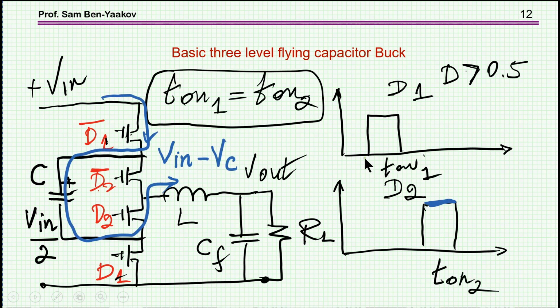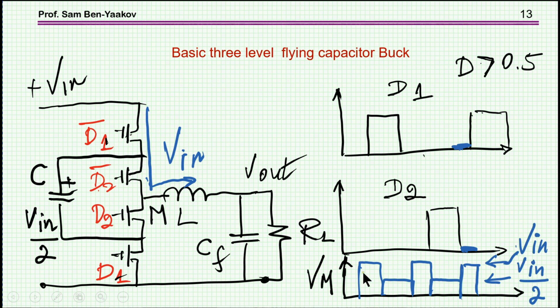And then when D2 is on, D1 is not, then we see this path here, which is V in minus the capacitor voltage during this time. So all in all, we're going to see this type of voltage at this midpoint.